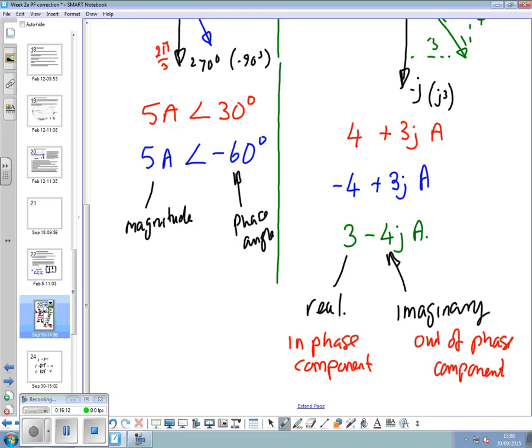If you're talking about forces, as this can come into mechanics as well, you'd talk about the horizontal and vertical components of a force that's acting at an angle. So that's how they're represented.